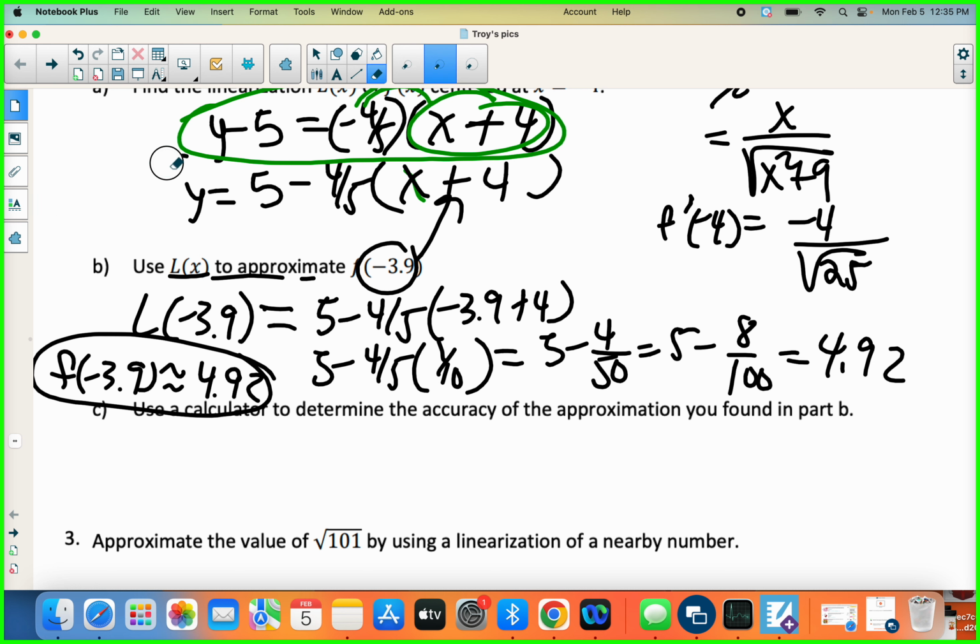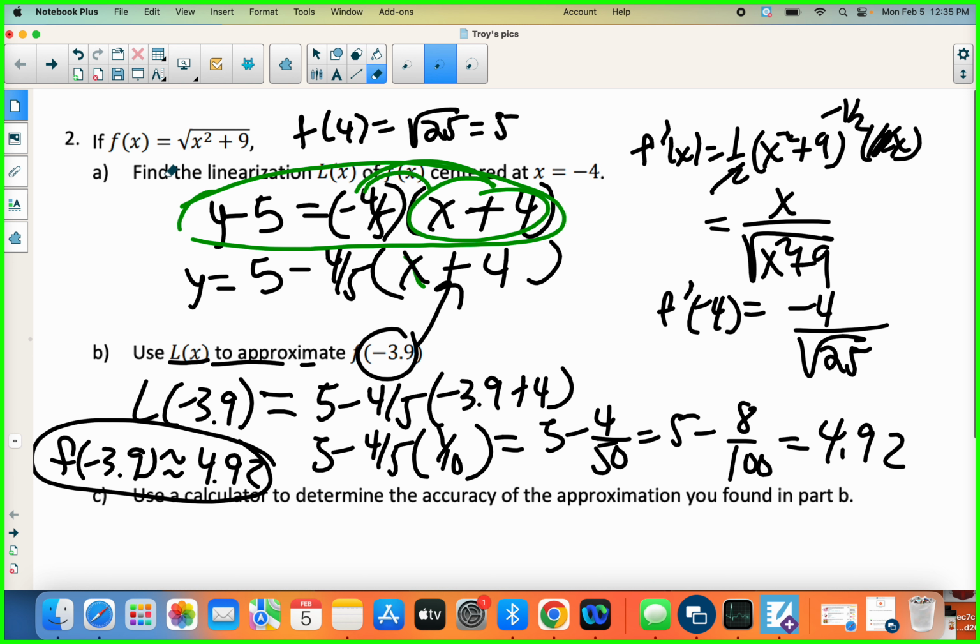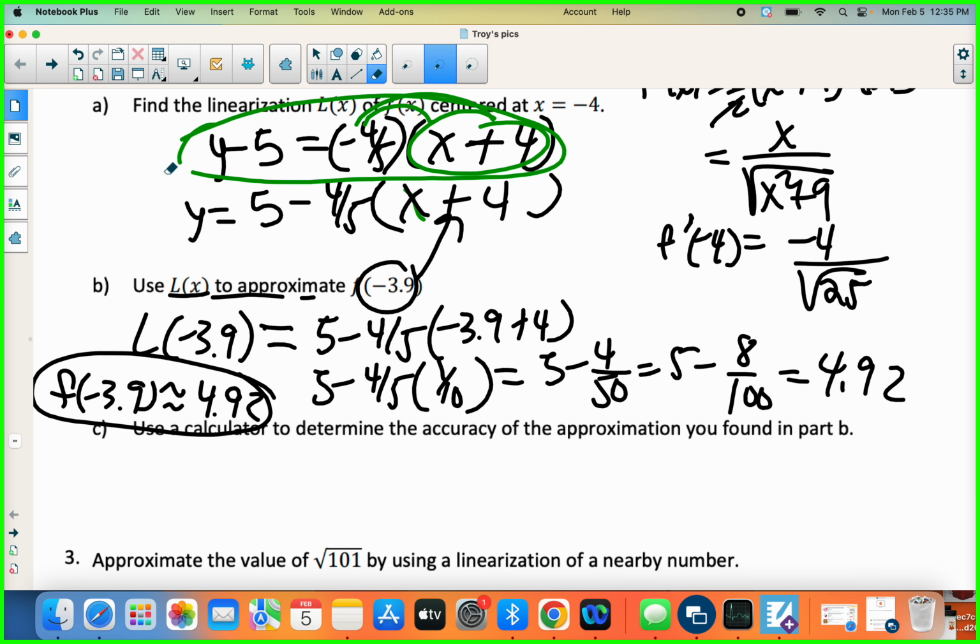I should know what this looks like. What's the equation? y equals the square root of x squared plus 9. It looks like it'd be kind of hyperbolic. I think it goes both directions like this. But anyway, it's back here. And you write the equation of the tangent line at negative 4.